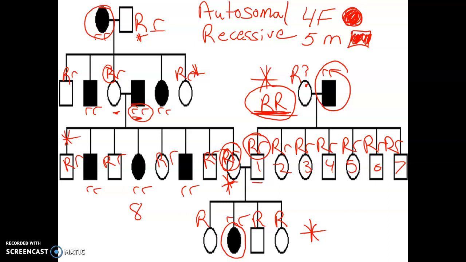So which one did dad give? Did he give them a big R or a little r? You don't know. It's a flip of a coin, and they don't have any children to help us figure out if they do or don't. So all these kids down here will be question marks for their second allele. It's okay to use a question mark when there really truly is no way to possibly figure out what in fact they are.